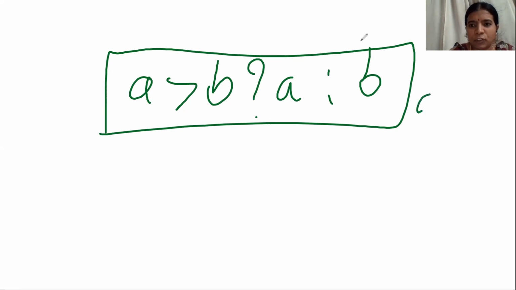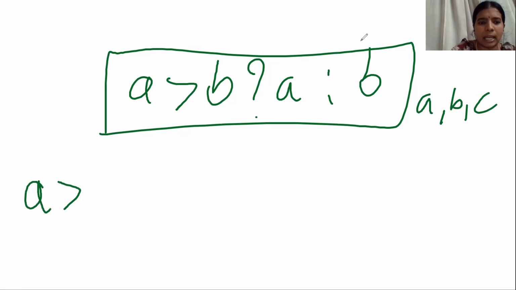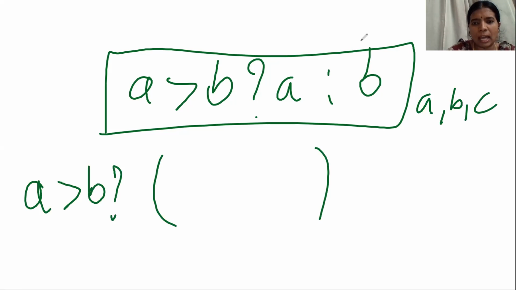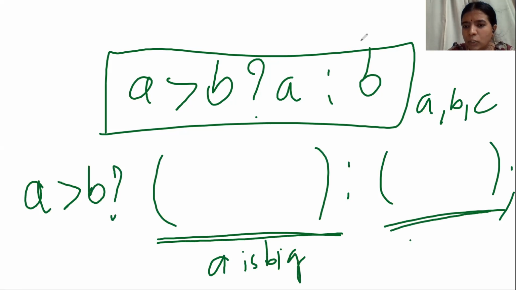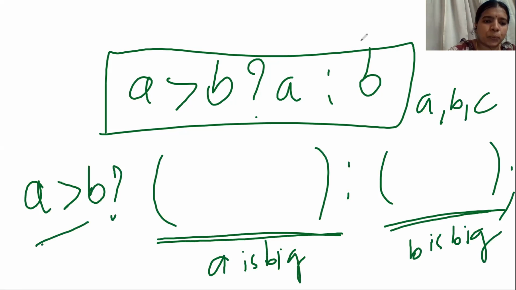So I have three numbers A, B, and C. According to the algorithm, let us compare the first two numbers A and B. For our understanding, let us have this. Inside this, I will do this part when I know that in A and B, A is big. This part will be done when you know that B is big. Let us assume that A greater than B is true.